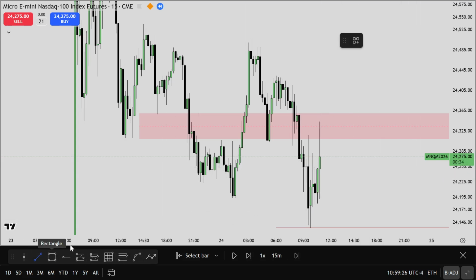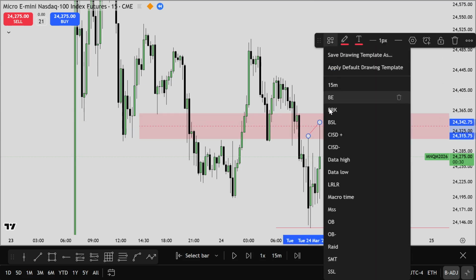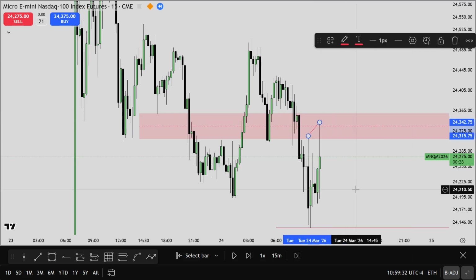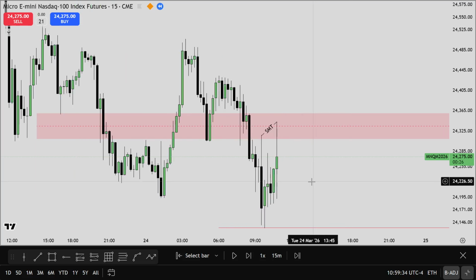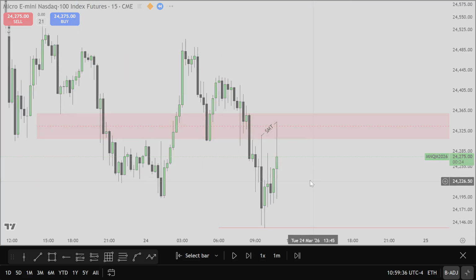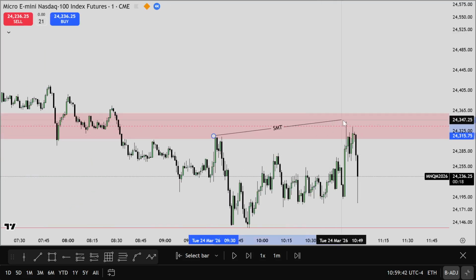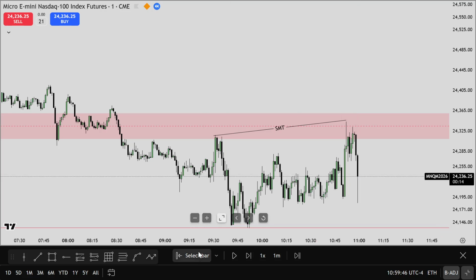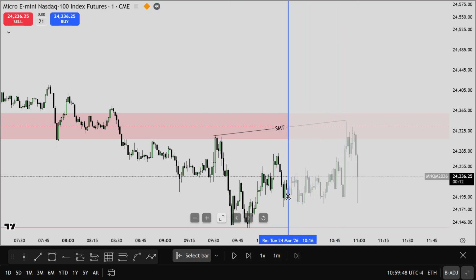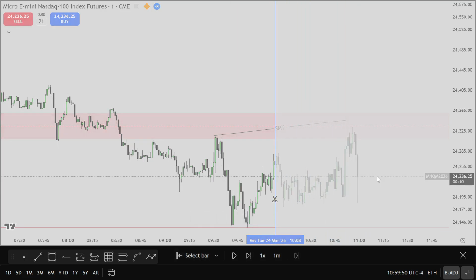So we had SMT divergence on this candle here, as you can tell, which happened on ES. So I was waiting for entry on that level, on that price level. So with this price moving right now, let me just take it back at 10 right here.